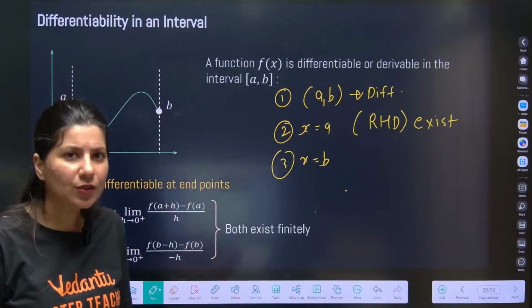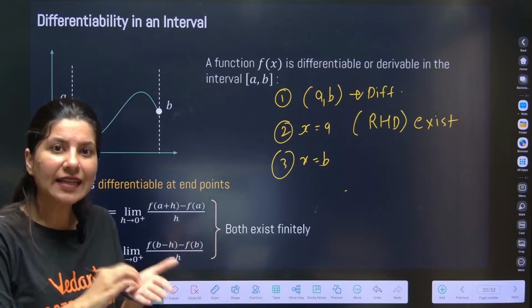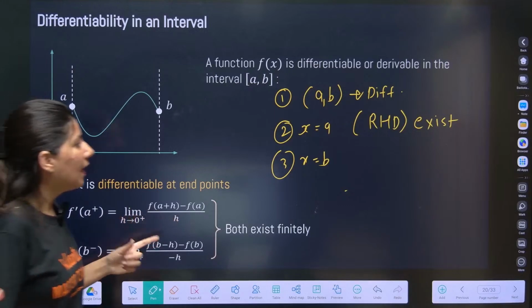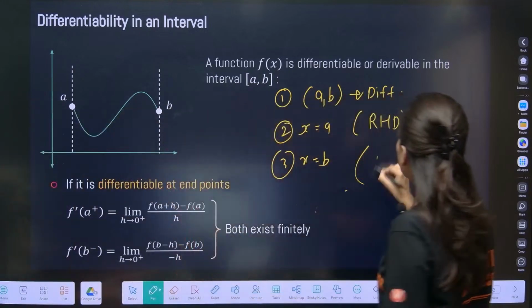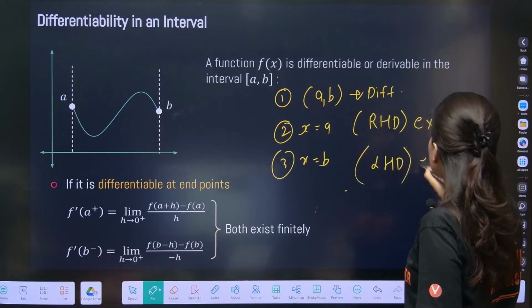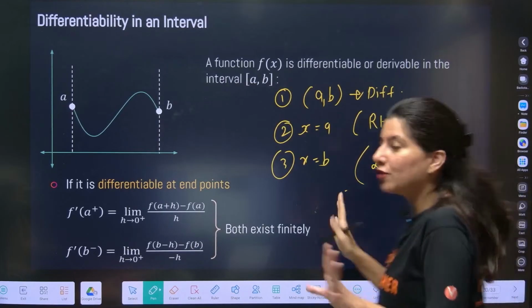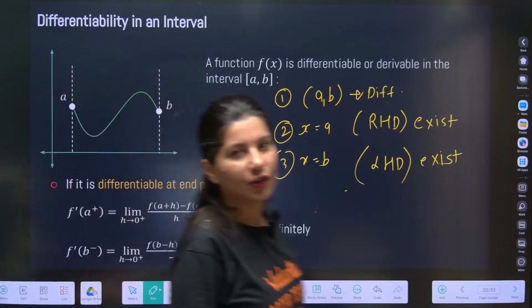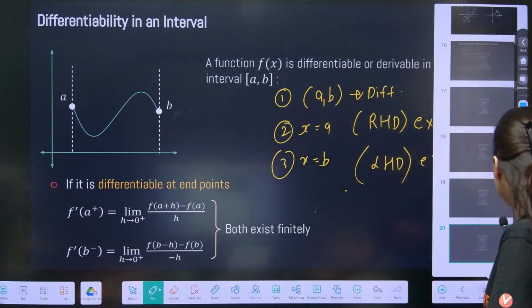It should not be equal to anything in particular. And for x equals to b, your left hand derivative should exist. That limit should exist, whatever value, but finite. That's it. Okay? Like that.